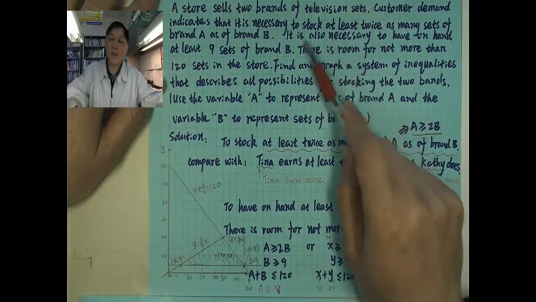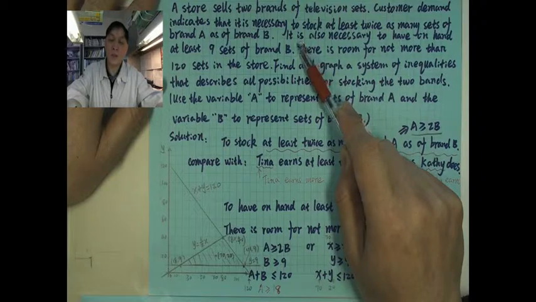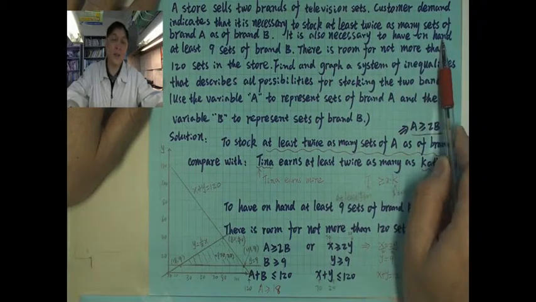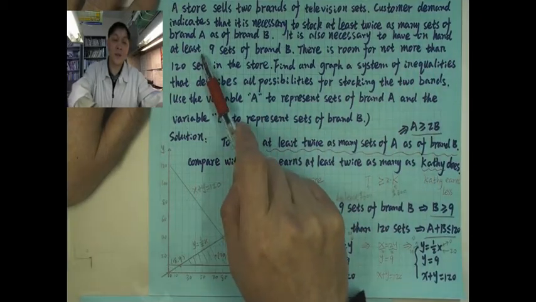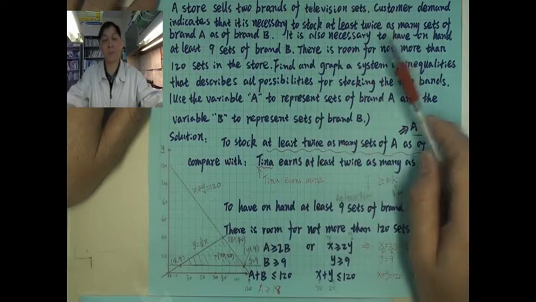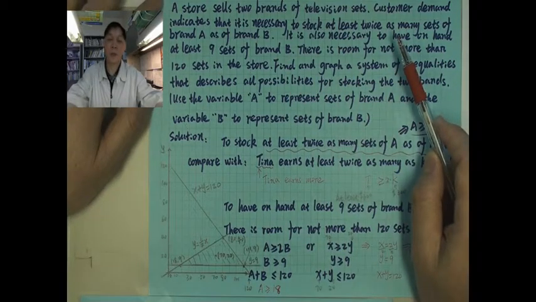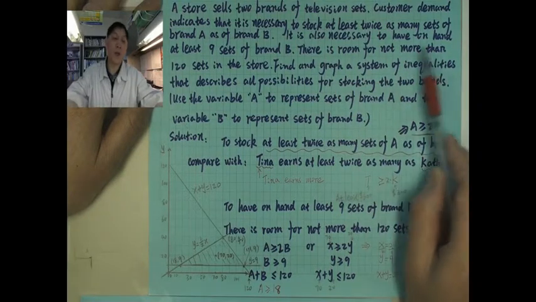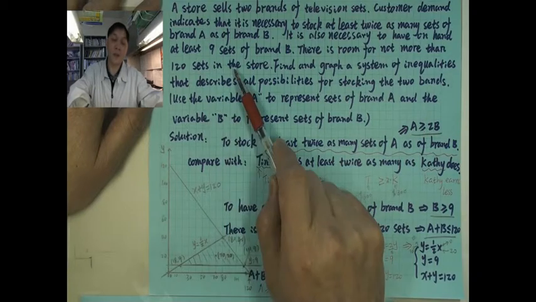The second sentence is that it is also necessary to have on hand at least 9 sets of brand B. Then the third one says there is room for not more than 120 sets in the store.